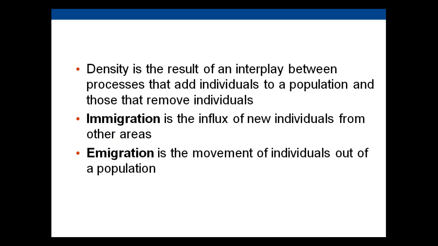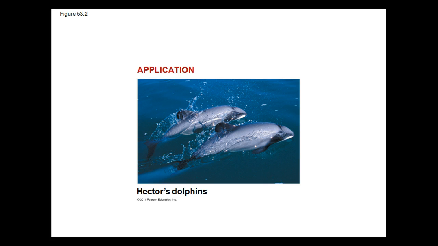Let me go back. So, part of Hector's dolphins. What they got is, when they first captured a group of organisms, they had 180 organisms, and then they captured a second group.